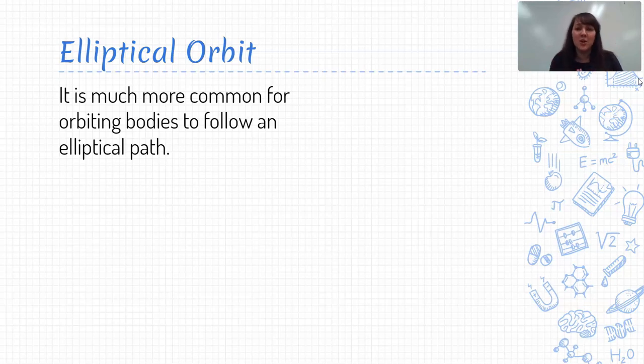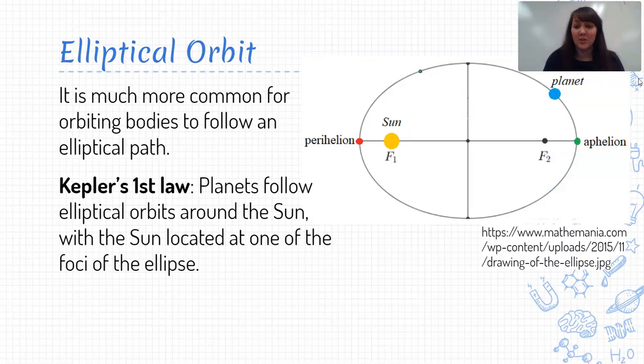Now, based on what you saw in the simulation, where would you expect the star or the sun or whatever's being orbited, the primary body, where in the ellipse does the primary body locate itself? So what we find is, this is Kepler's first law.